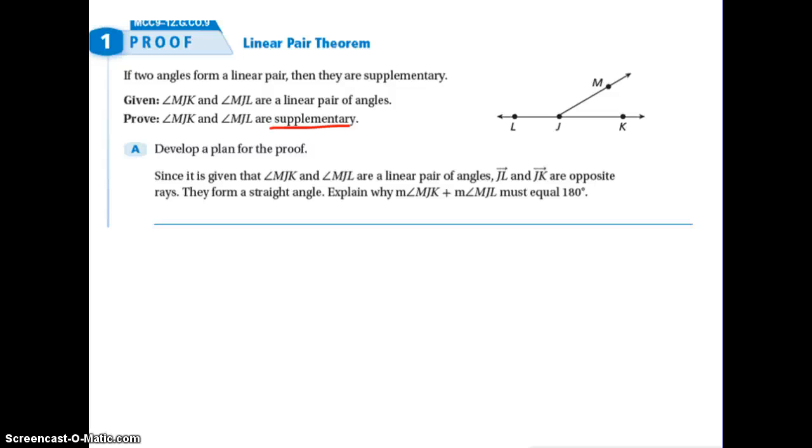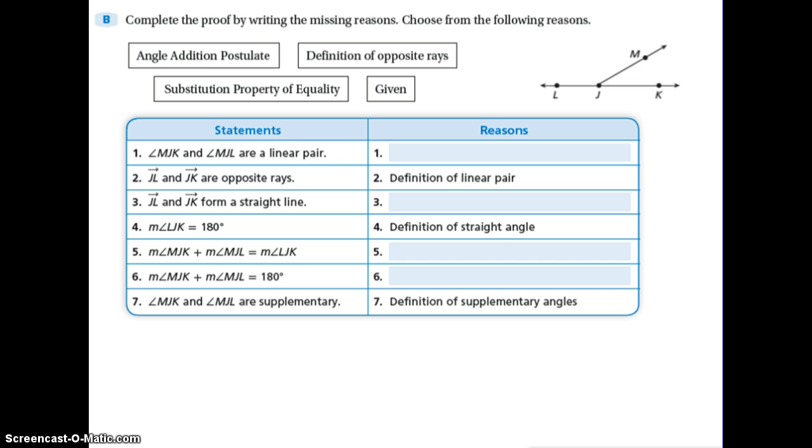We know that JL and JK are opposite rays, and that opposite rays form a straight angle. The straight angle must be 180 degrees. Therefore, by the angle addition postulate, MJK and MJL must add to 180 degrees.